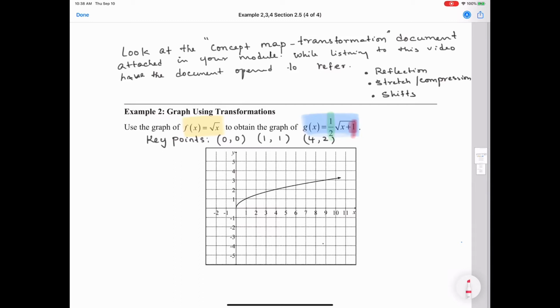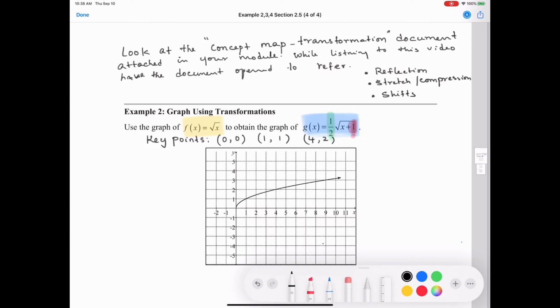Okay. So for any vertical transformation, the coordinate that gets affected is the y. And if there is a horizontal transformation, the coordinate that gets affected is the x. So again, the order I'm following: there is no reflection in this problem, so the next one I'm going to do is the stretch or compression. I'm seeing a vertical compression.